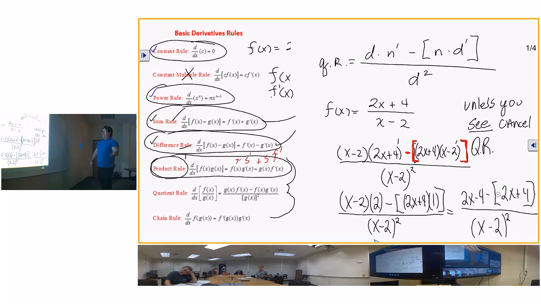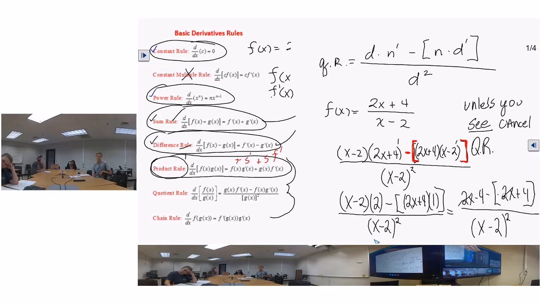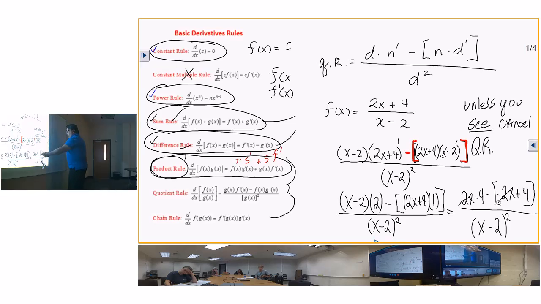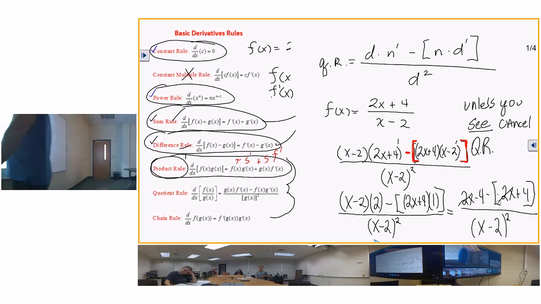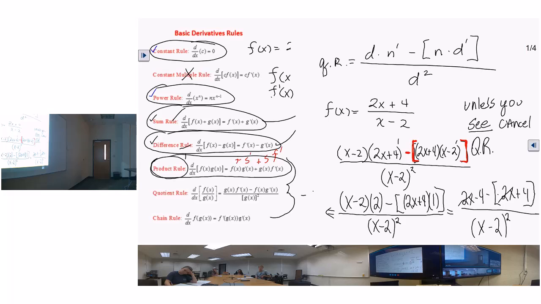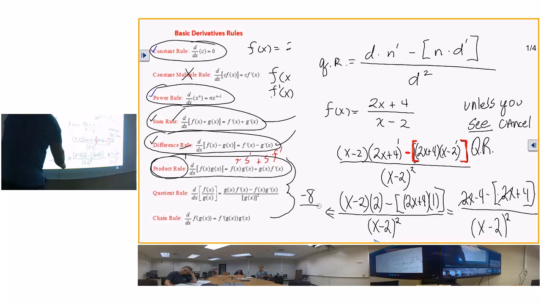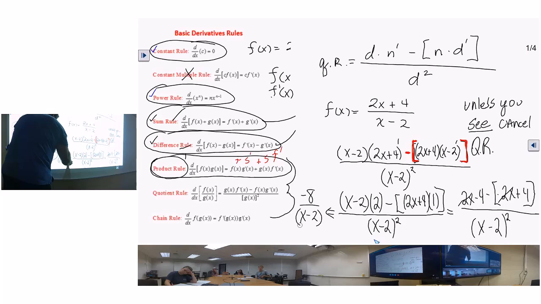And what's 2x minus 2x? That's going to cancel. And then what's negative 4 minus 4? Negative 8. So your final answer is going to be negative 8 over (x minus 2) quantity squared.